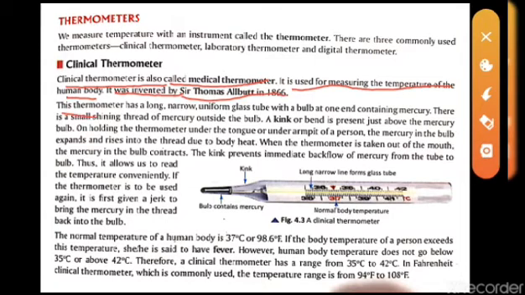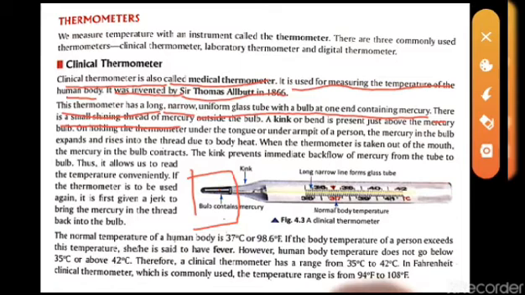This thermometer has a long, narrow, uniform glass tube with a bulb at one end containing mercury. This portion is known as the bulb, and in this bulb there is a liquid. That liquid is mercury. There is a small shining thread of mercury.